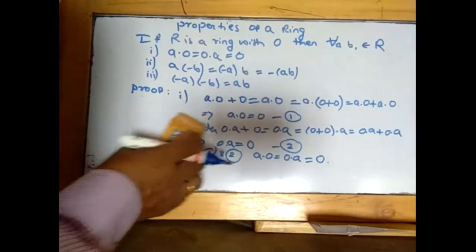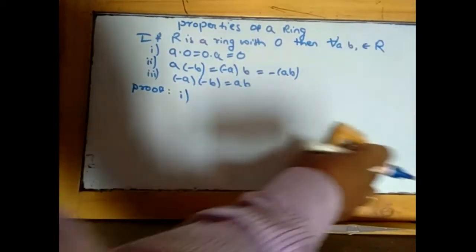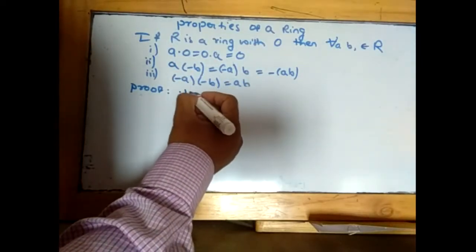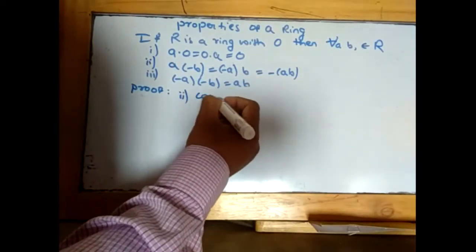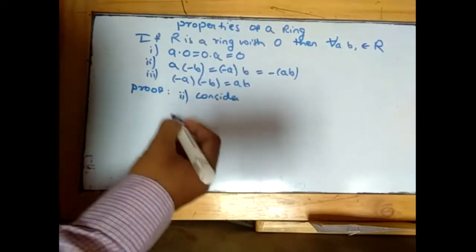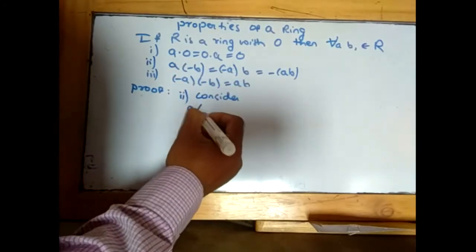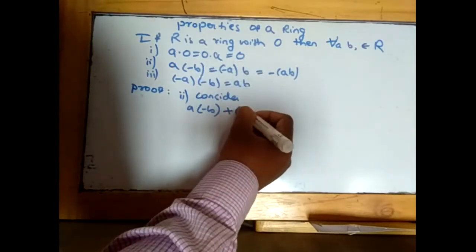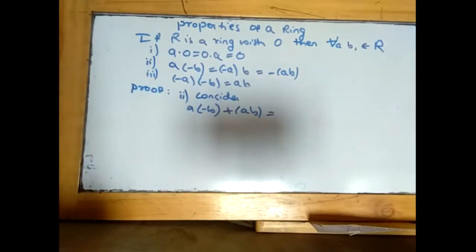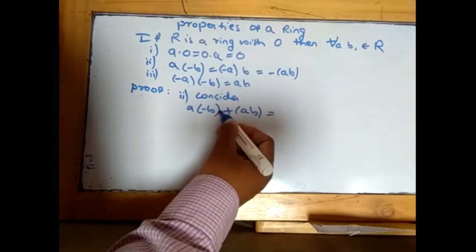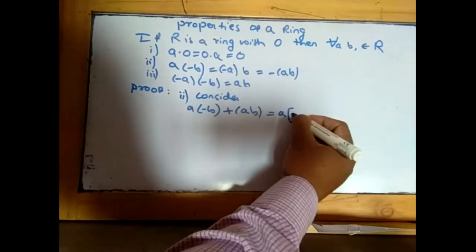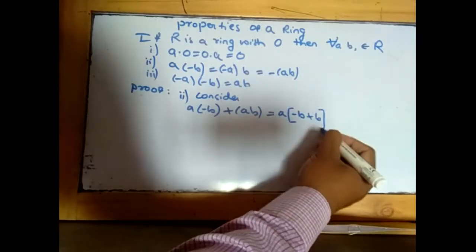Next we prove the second one. Consider a into minus b, then bring this here plus ab is equal to. Now in this case I take a common. So if I take a common, then minus b plus b is left in the bracket.